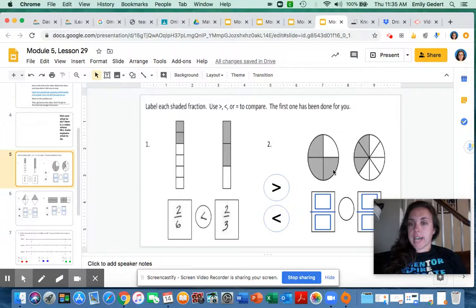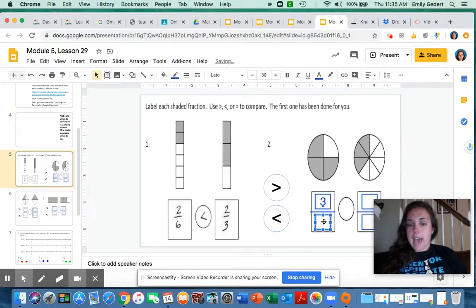This has 3 parts shaded. So you click on the numerator and just type in 3 out of 4 parts total. 1, 2, 3, 4. Over here, this part also has 3 shaded in, but out of 8. 1, 2, 3, 4, 5, 6, 7, 8.